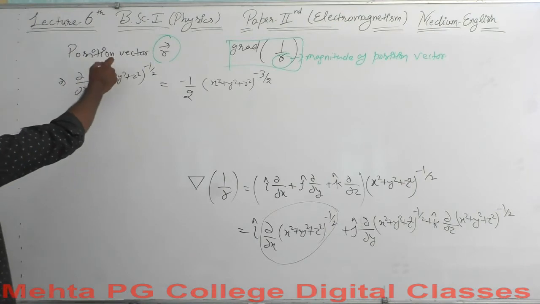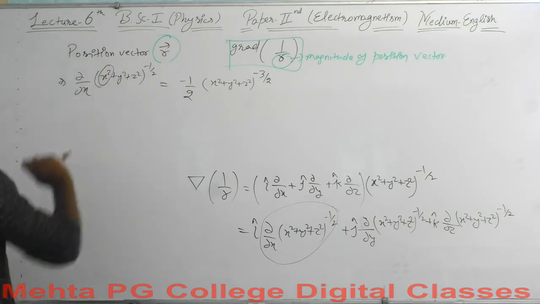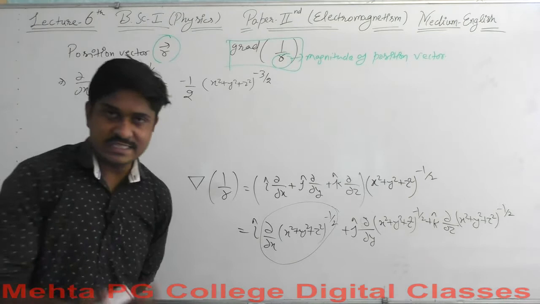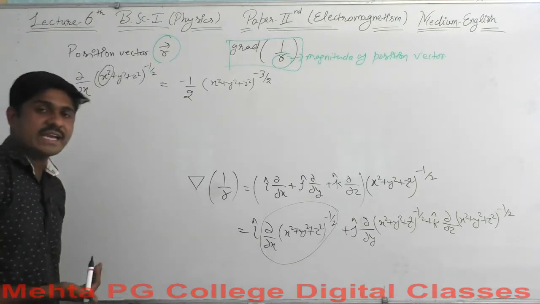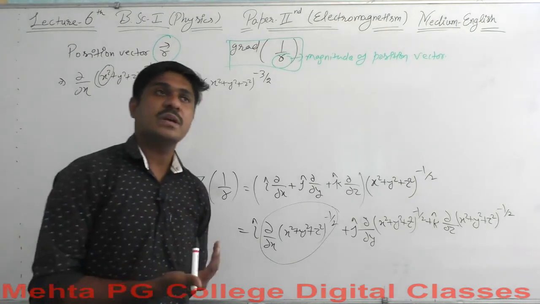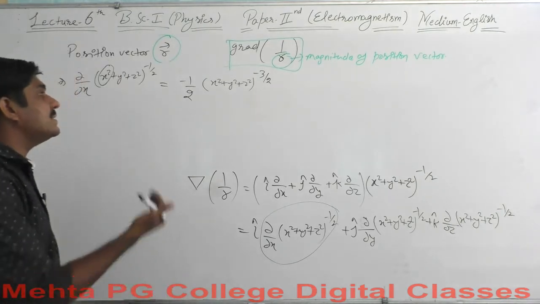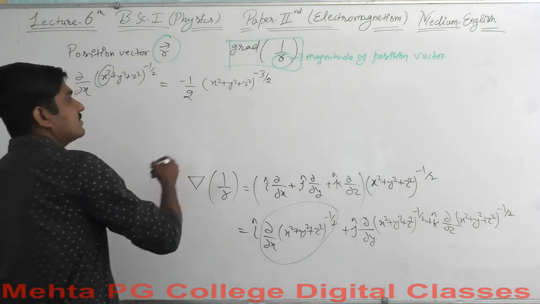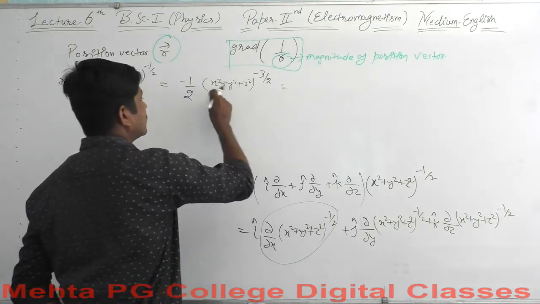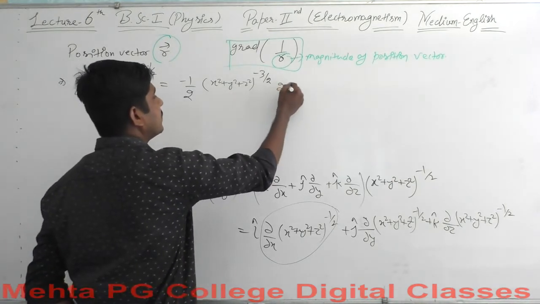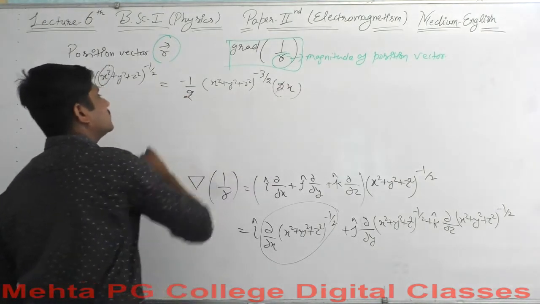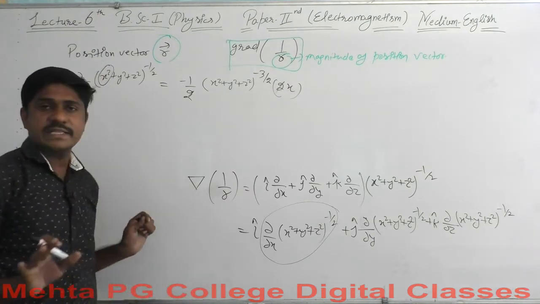The value will exist for x² only, because y² and z² will approach 0 for ∂y/∂x and ∂z/∂x. So we will have 2x. So this is it. We can cancel it here.